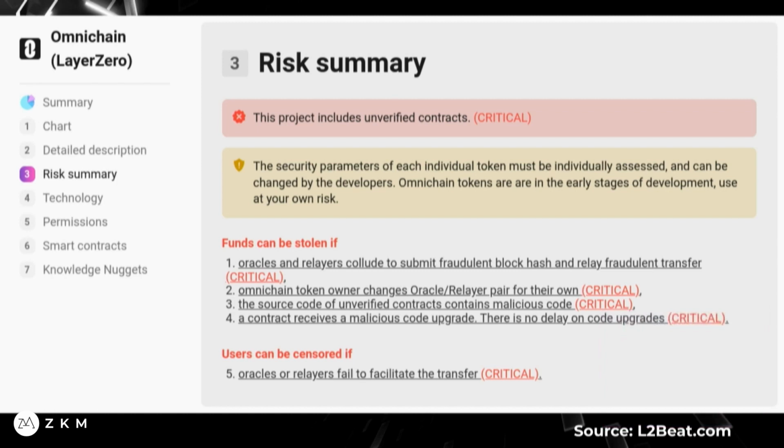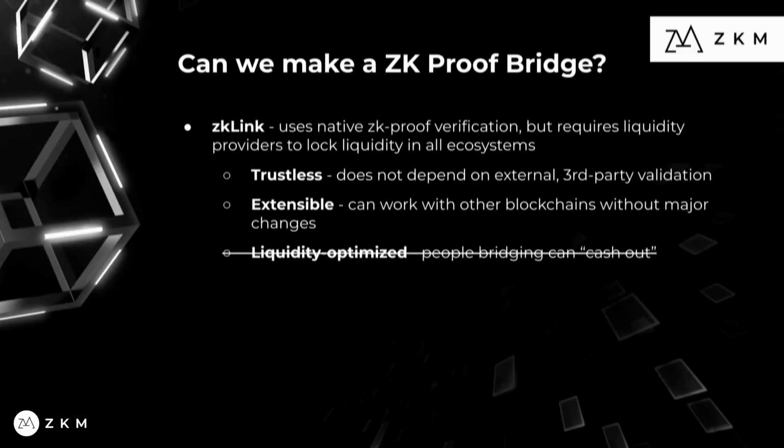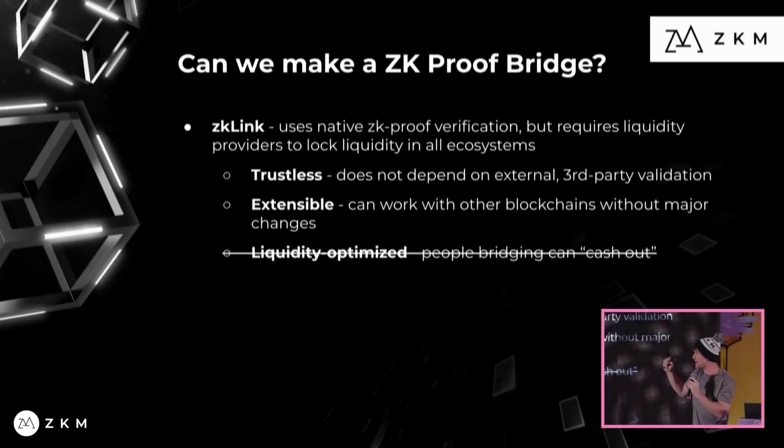Essentially, I am putting my trust in layer 0, in how layer 0 implements things, in order to facilitate the transfer. They make it really easy to get the liquidity, and they make it really easy to do all this message passing, but you have to trust layer 0. Now, another solution, zk-Link. They use native zk-proof verification, but they need to depend on external liquidity providers. So what do we mean by this?